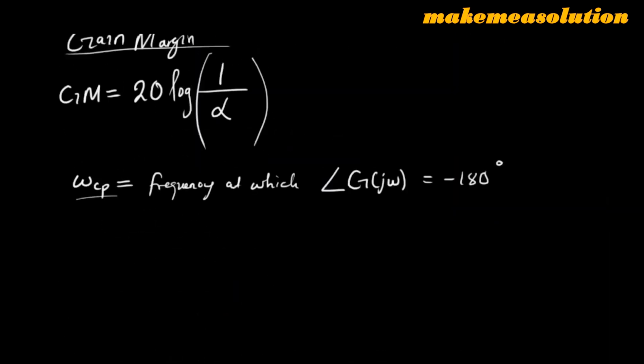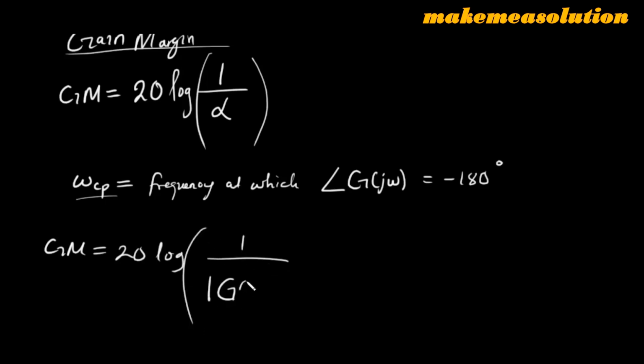So another way of writing this is, you can write your gain margin as 20 log 1 over the magnitude of G of j omega. You calculate this magnitude when omega is equal to WCP. So that is how we write our gain margin: 20 log 1 over the gain at the crossover frequency.